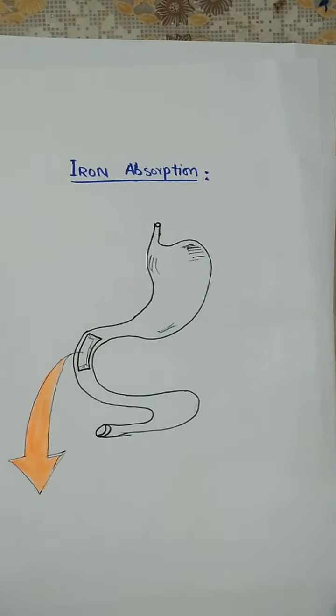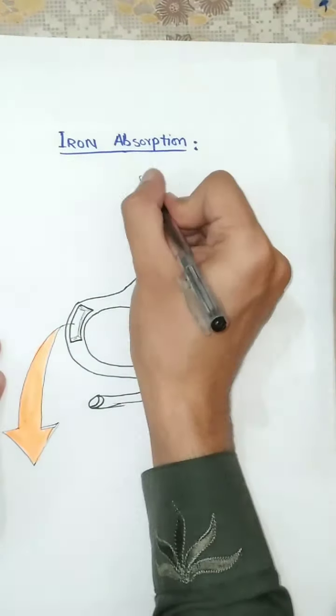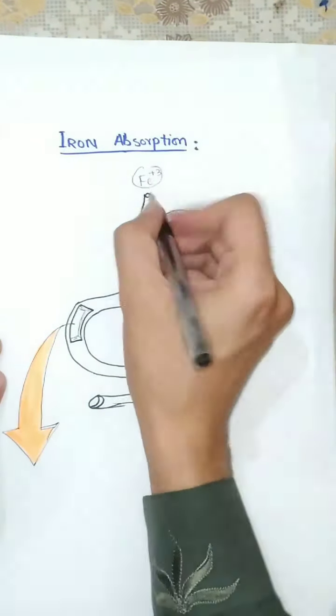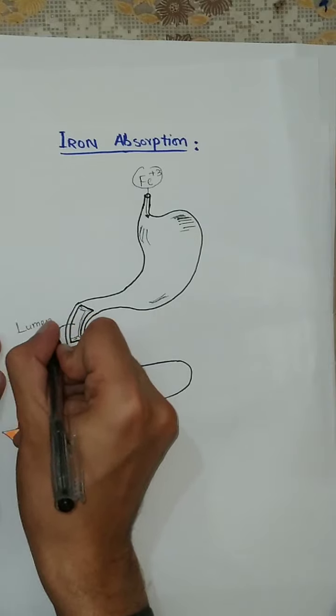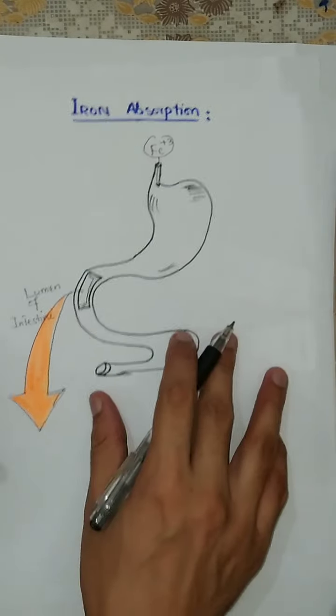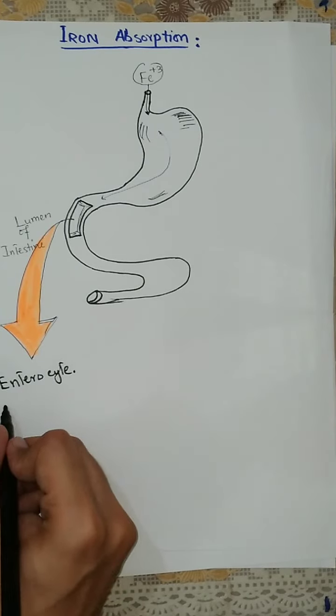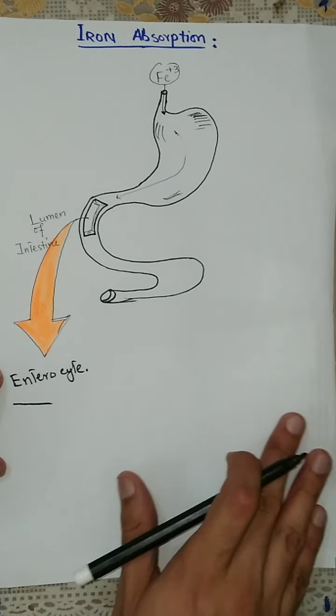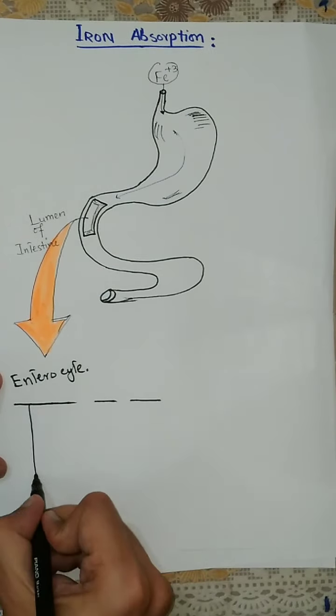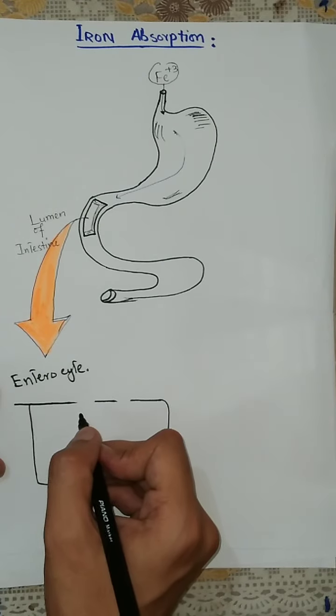From dietary sources, the iron is present in ferric form, which is not an absorbable form. So the enzyme ferroreductase converts it into +2, and then it is absorbed into the enterocytes.